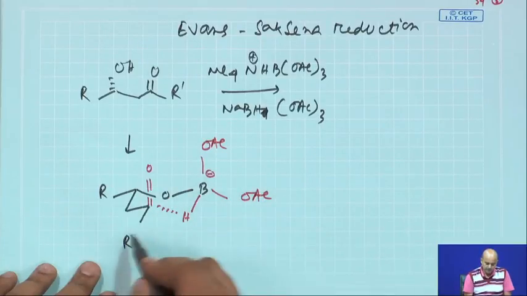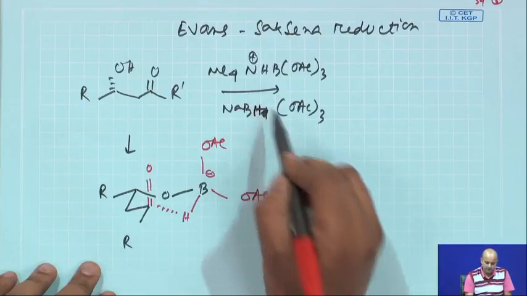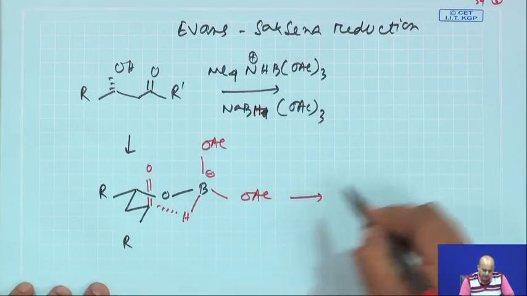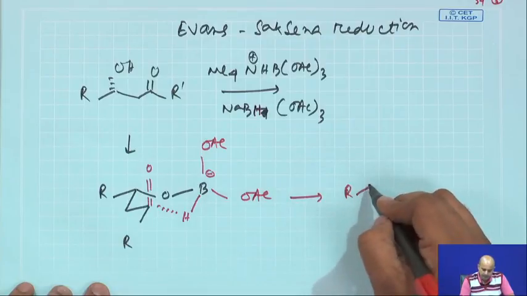Then you have a hydride which was there in the initial reagent, you get the internal hydride delivery, and you get the anti-alcohol.